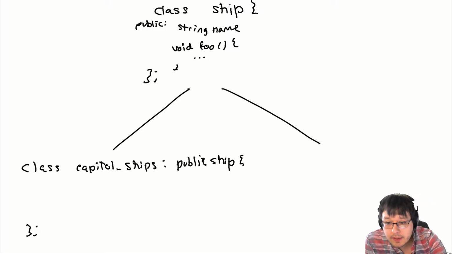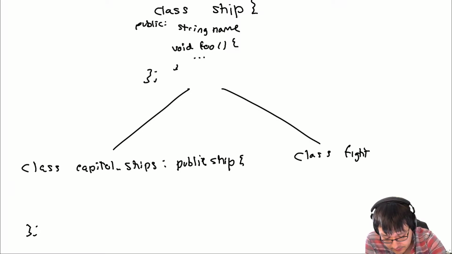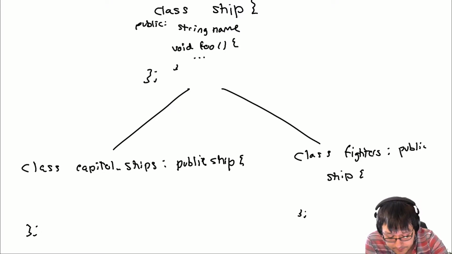But also you have a fighter, a light class ship. They both share basically what ship gives them, which is they both have a name and they both have the function foo.